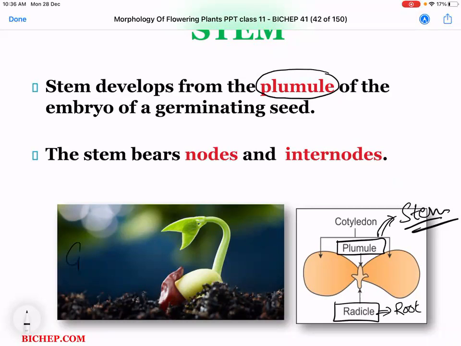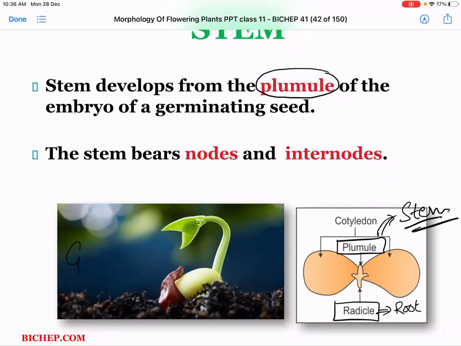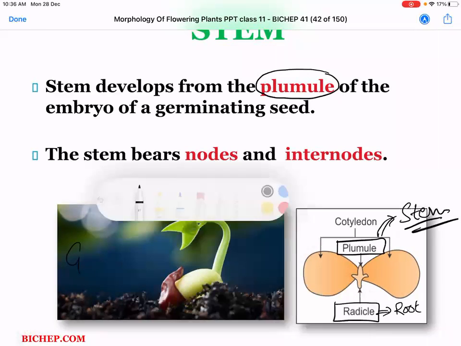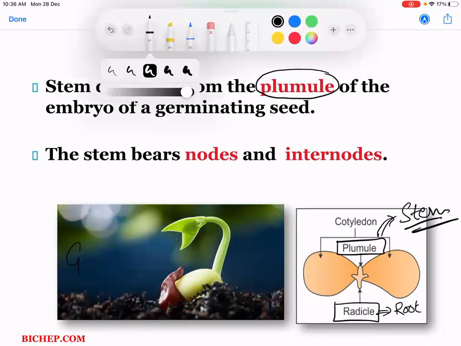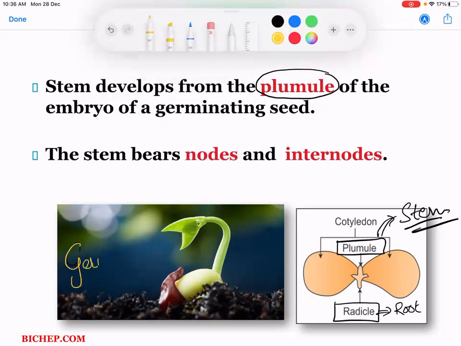It is the diagram given right at the base of this slide. If you see, this is germination of seed, and this is the stem which is growing from a seed.